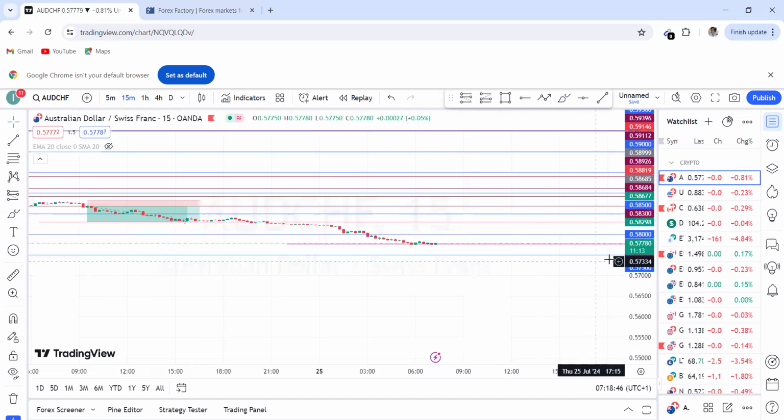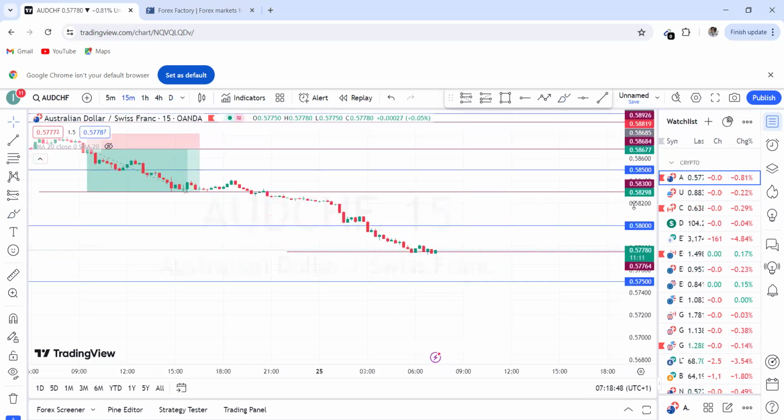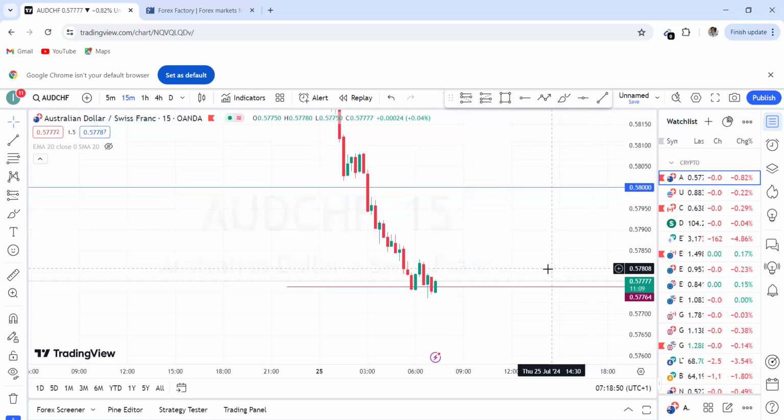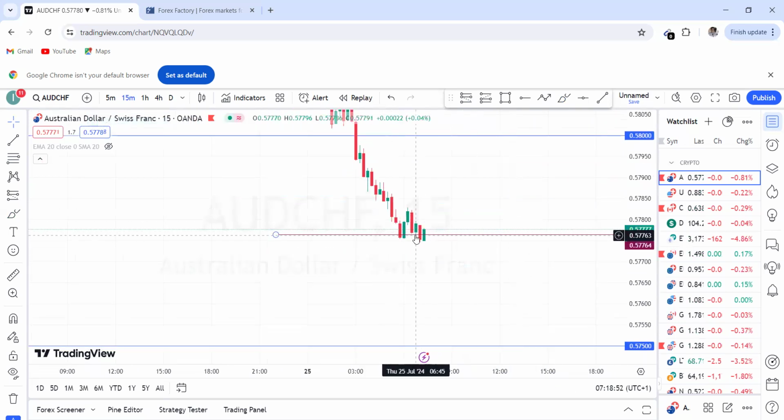The only thing I can do is this. If this movement continues to put pressure to the downside, maybe I'll join again for a sell if we get something like this and a retest of here.